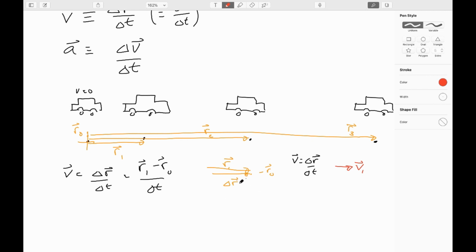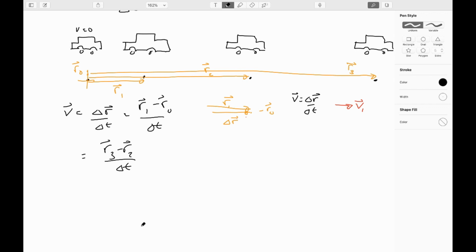All right, now let's do this again. Let's look at this interval here, R2 and R3. So we can do the same thing. We can add negative R2 to R3. So at a different interval, we'd be saying that our velocity was R3 minus R2 over delta t.